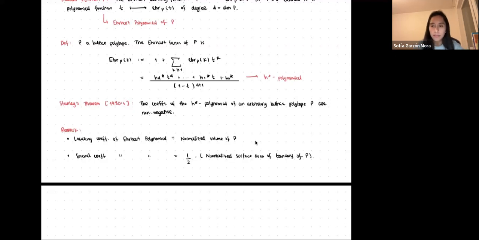Okay, questions so far? Yeah, I have a question. Is this H-star polynomial related to the H-vector of a polytope? It is, so for a polytope you can compute the H-vector in terms of its F-vector, but it's not the same.